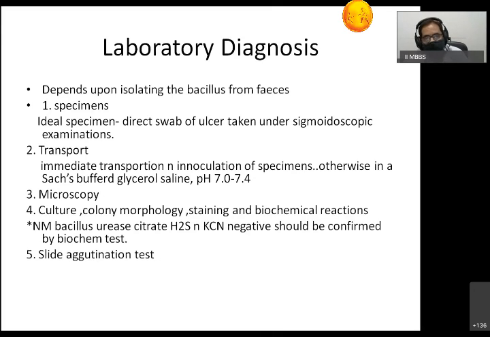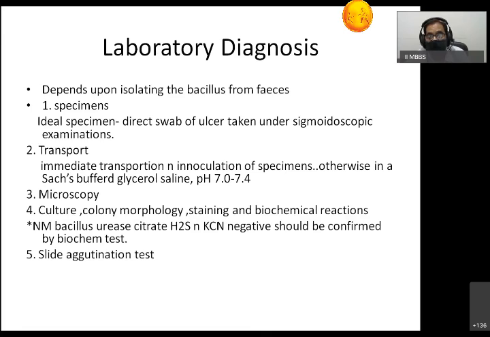For laboratory diagnosis, we depend upon isolation of the bacilli from feces, so we take a specimen. The ideal specimen is a direct swab from the ulcer taken under sigmoidoscopic examination. Immediate transportation and inoculation of the specimen is important.